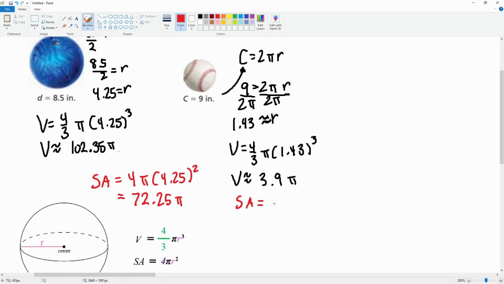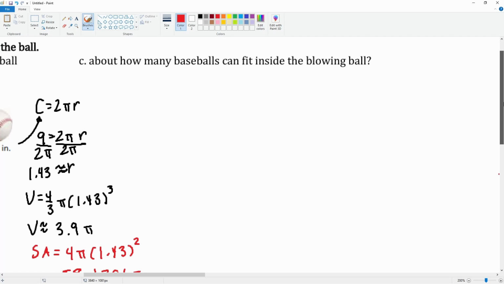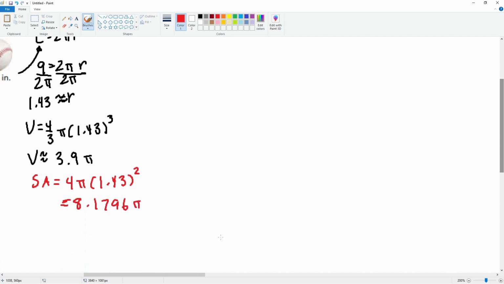The surface area is 4 pi 1.43 to the second power. That's going to be, surface area is 8.1796 pi, of course.